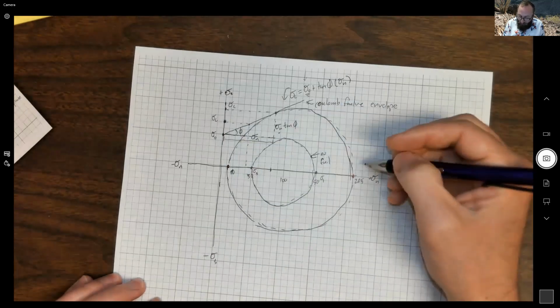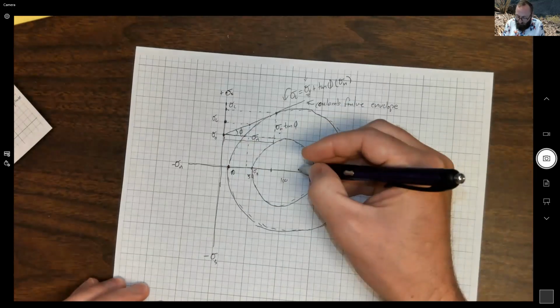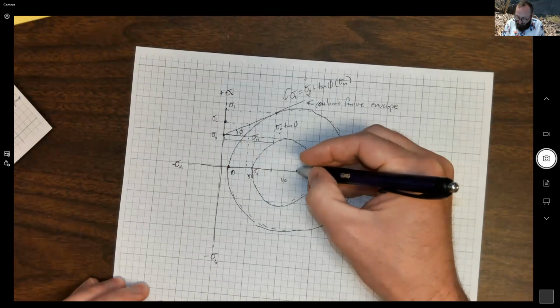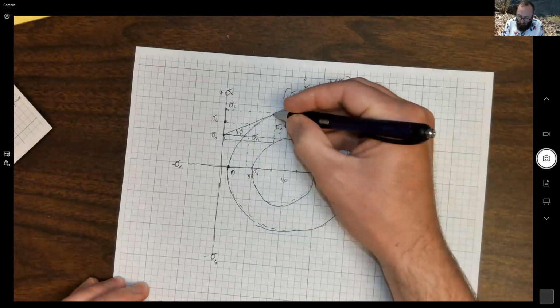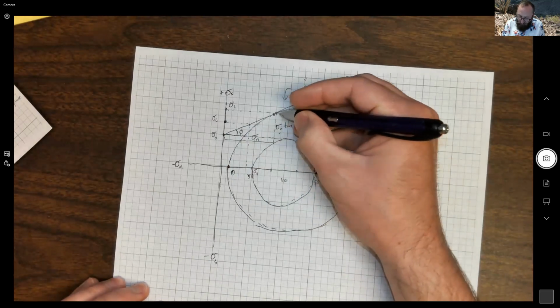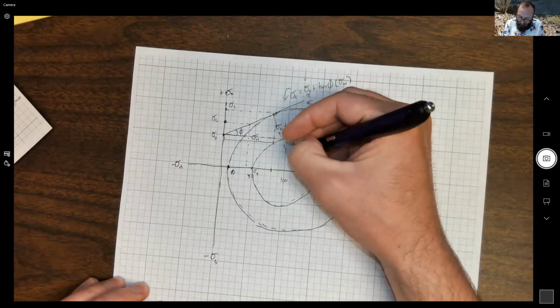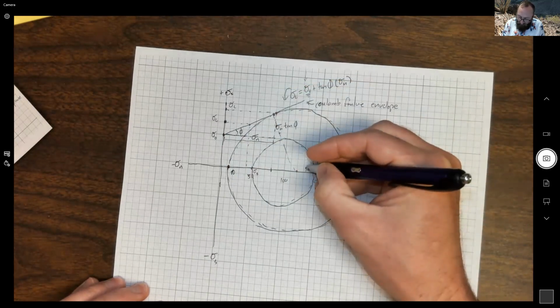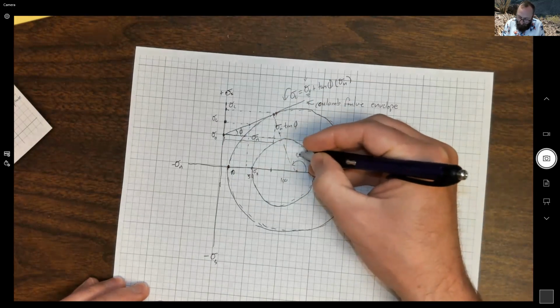And it's at that point the rock fails, and we can look at where the center of our circle is, and wherever the tangent of our circle touches that failure envelope, we read off the angle to there, and this angle is 2 theta.